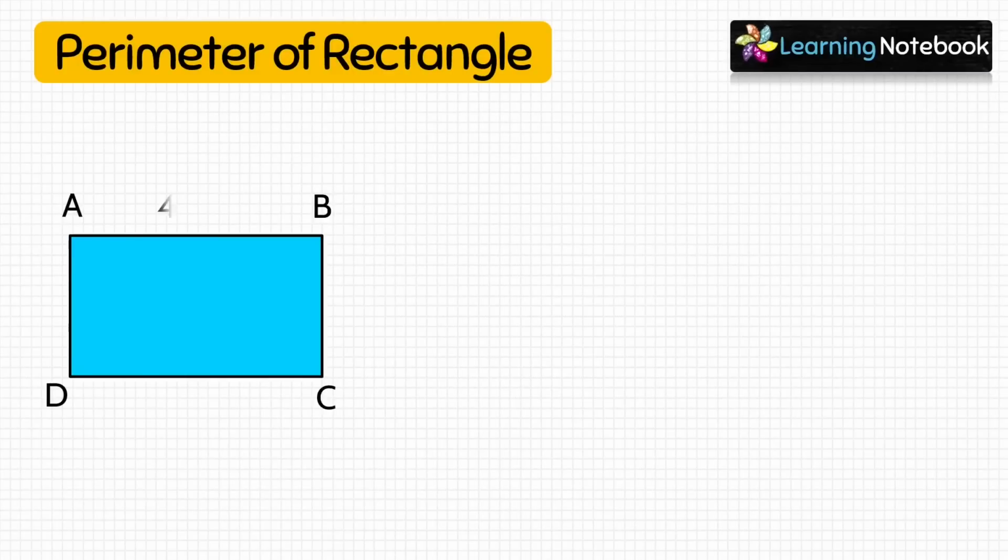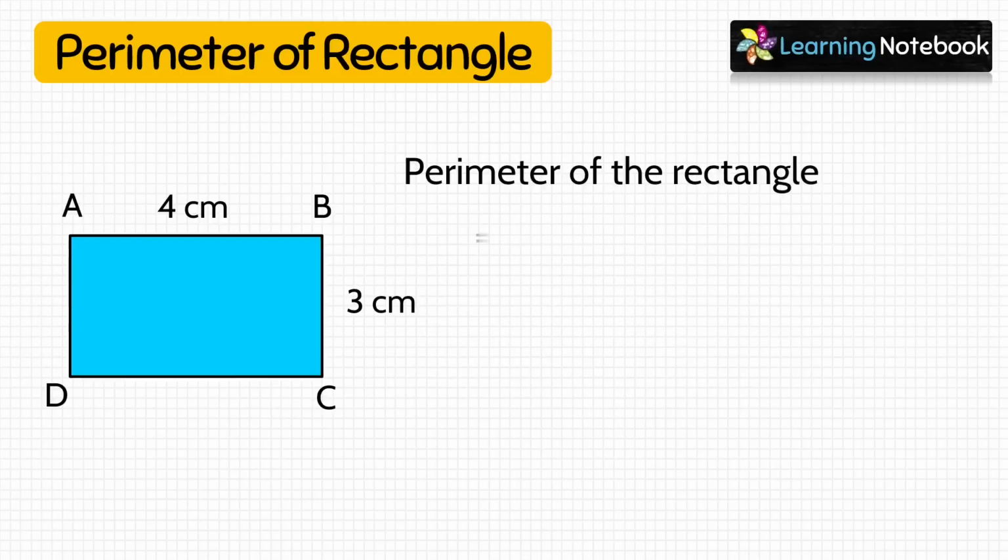Now, if we are given with length of this rectangle as 4 cm and breadth as 3 cm, so how will we calculate its perimeter? As we just learned, perimeter of the rectangle equal to 2 into length plus breadth, where length equals to 4 cm and breadth equal to 3 cm.